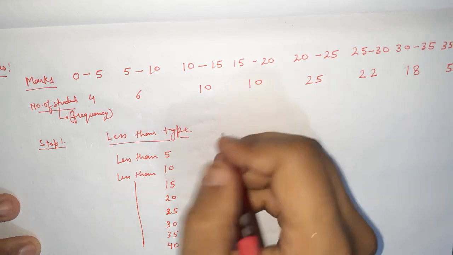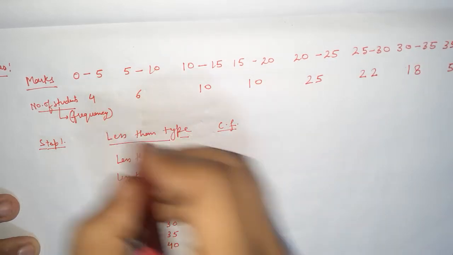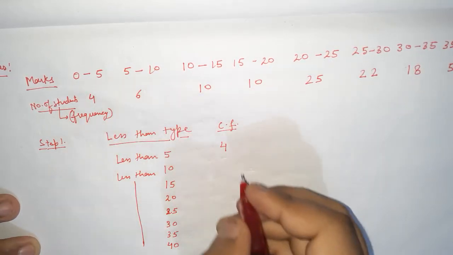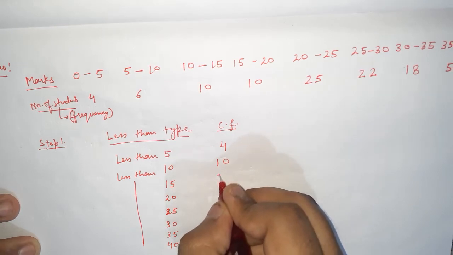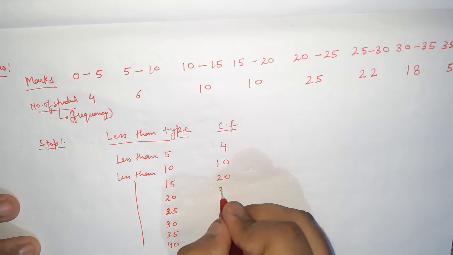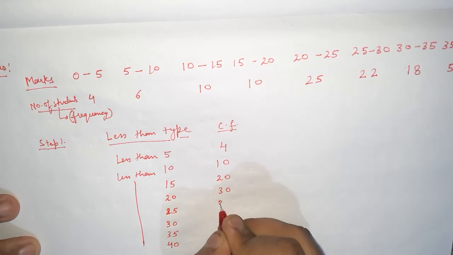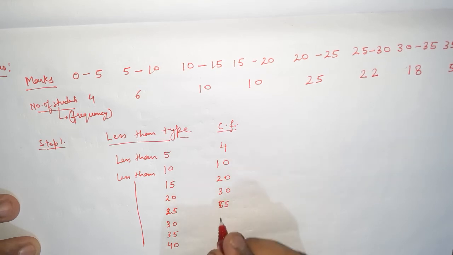Then we'll find out the cumulative frequencies from the start. So the first is 4, then 4 plus 6 is 10, then 10 plus 10 is 20, then 20 plus 10 is 30, then 30 plus 25 is 55, then 77, then 95 and then 100.